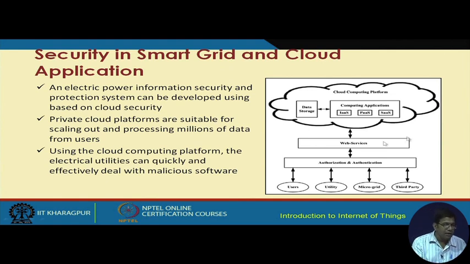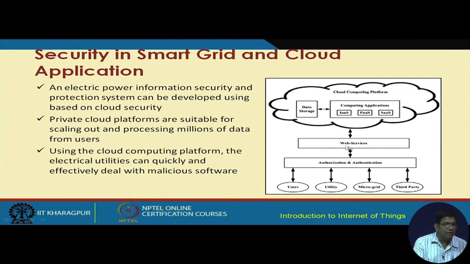So here this particular figure is very interesting to look at. We have at the very bottom the users, the utility, microgrid, third party, and through different authentication and authorization mechanisms, in the interim we have these web services. So these basically can feed in the data from these different devices.